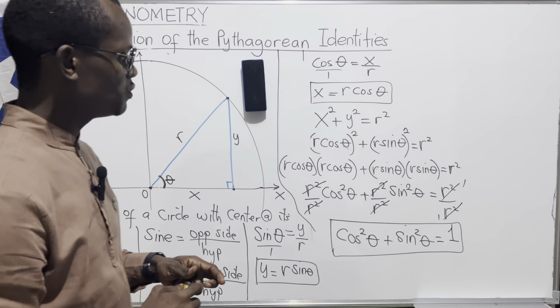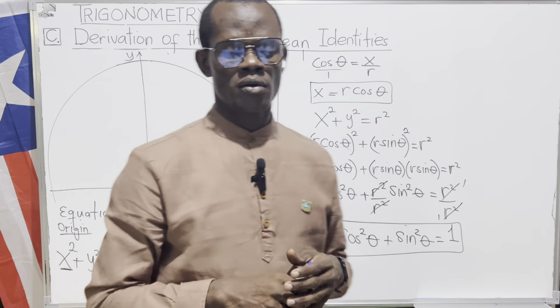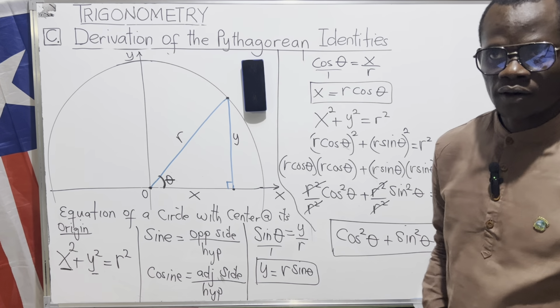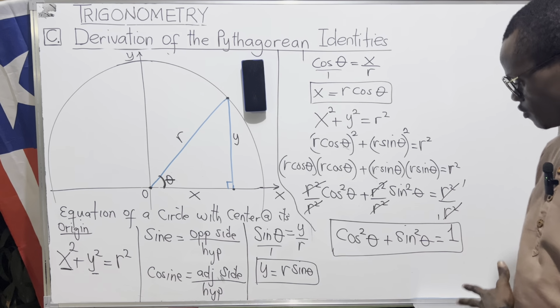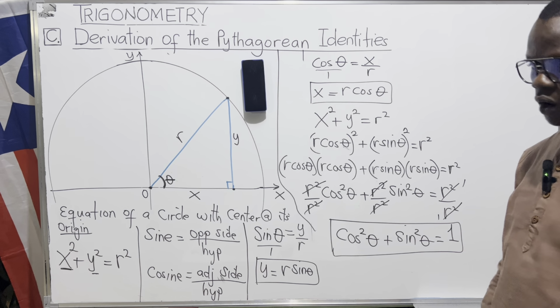So this is how we derive the fundamental Pythagorean identity for the trigonometric functions. So this is cos square theta plus sine square theta equals 1.